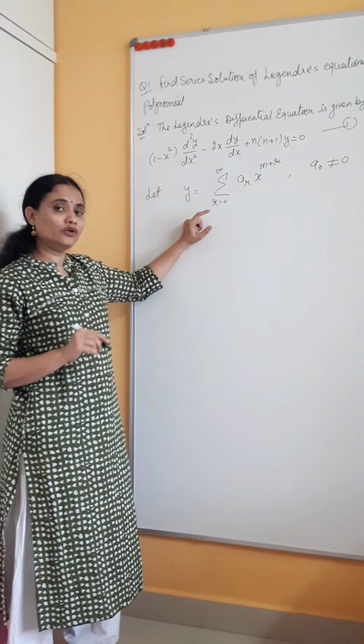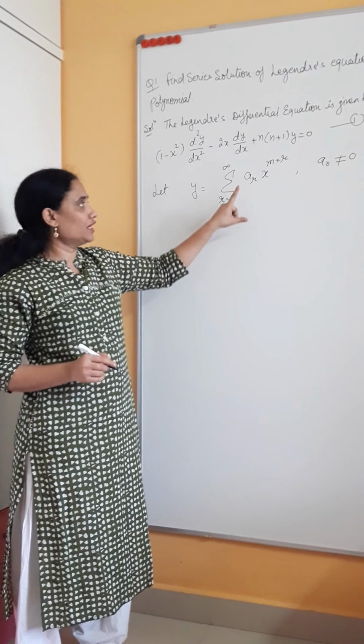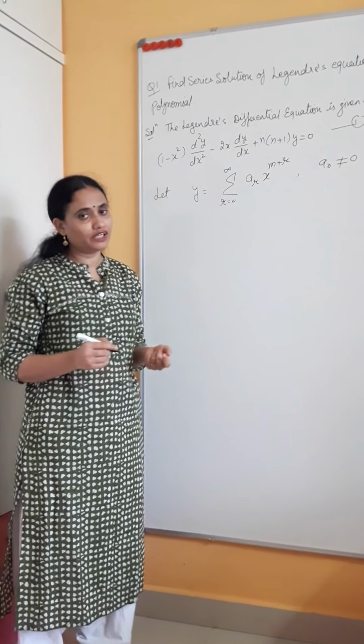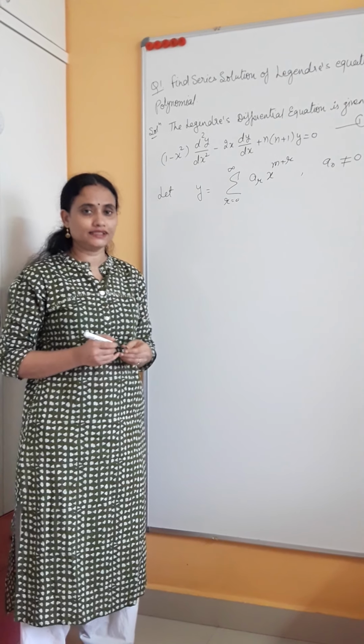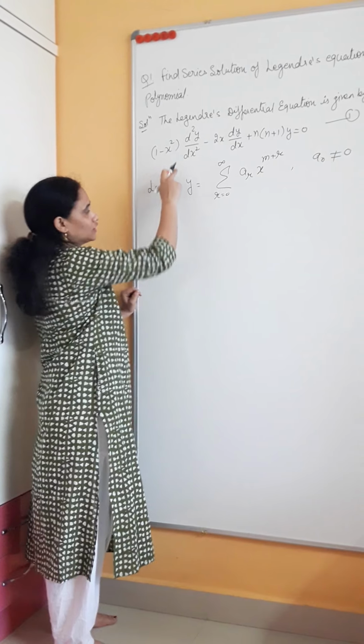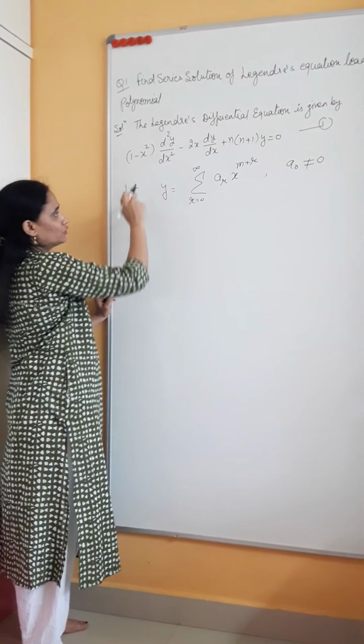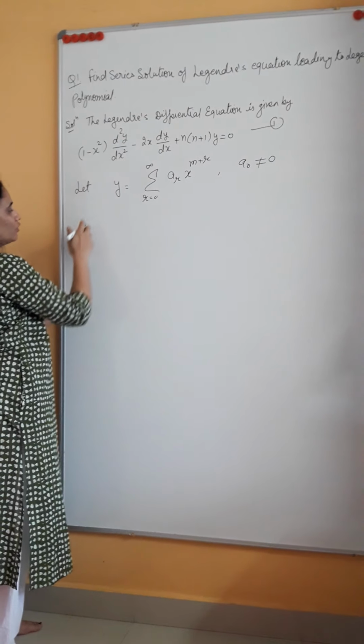Now which are the unknown variables here? m and the a's. So if we are able to find out these values, we can conclude the solution for Legendre's equation. So if this is the solution for this equation, this must satisfy this equation. So let's substitute these values here. For that, let's find out derivatives.